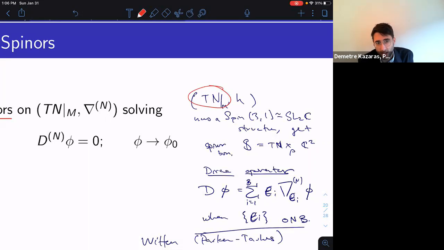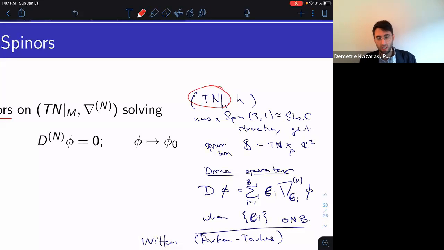Now in this dimension, the structure group has a reduction to Spin(3,1), which doesn't always happen in general dimensions. It happens in this dimension, and so instead of just SO(3,1) acting on this bundle, you can consider Spin(3,1), which is isomorphic to SL(2,C).